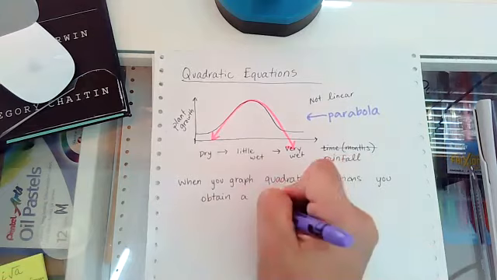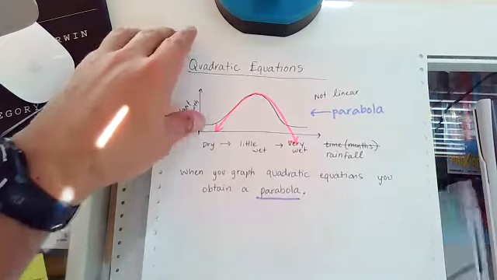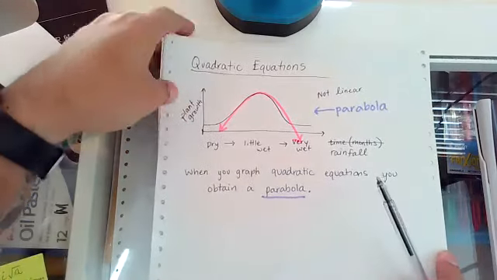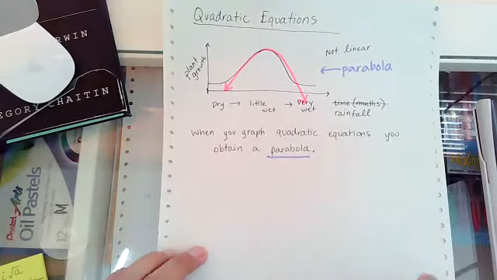Okay, but maybe I'm getting a little ahead of myself. We're going to talk about graphing quadratic equations a little bit later on. Right now, we're just dealing strictly with the algebra, with manipulating numbers and simplifying expressions.